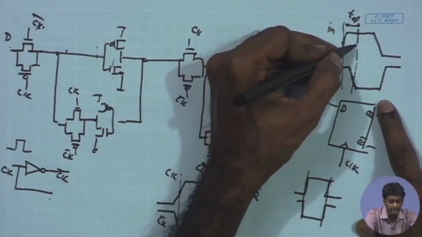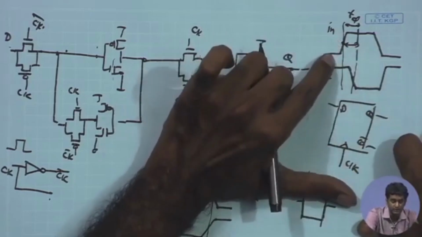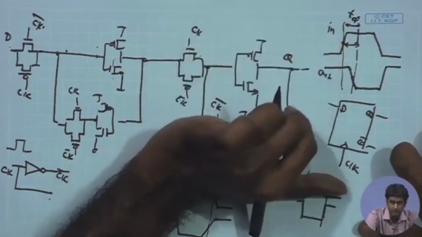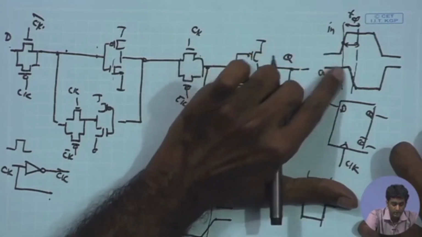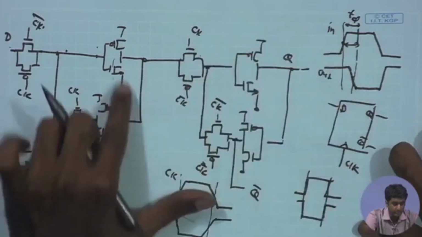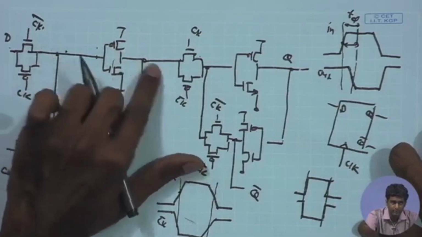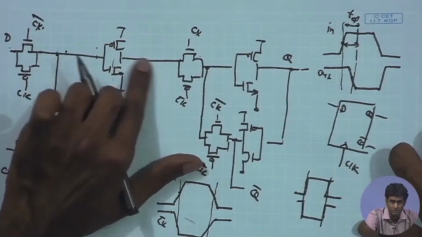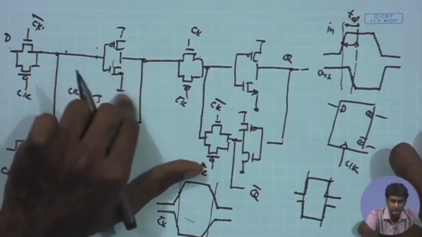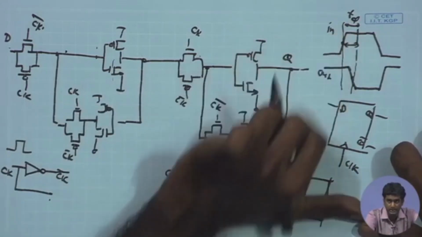So, generally we characterize the delays of the logic gates in terms of the distance between the midpoints of the transitions. If this is the rising edge of the input of the inverter, the output will definitely fall as the input is going up, but it will take some finite delay because of the discharge path provided by the NMOS. You have an RC time constant, and in the large signal operation, you have this voltage getting discharged through this inverter, through this NMOS, which has some on resistance, and therefore, it is going to take some time to discharge it, and therefore, there is going to be some delay.